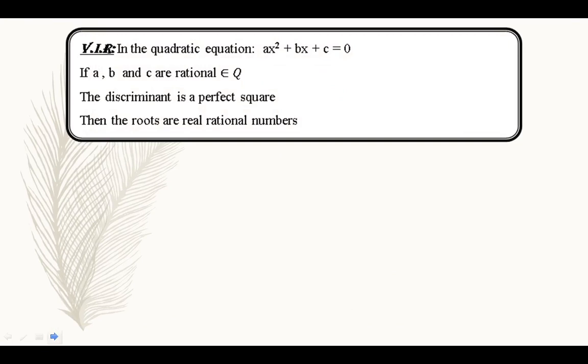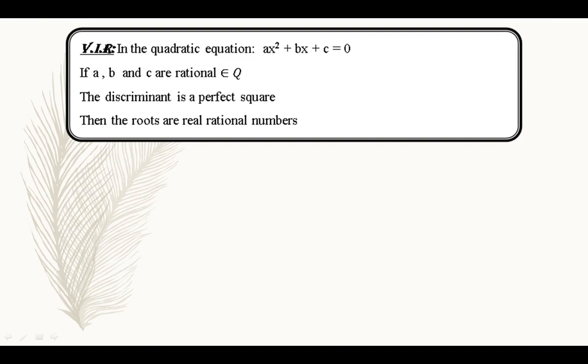Very important remark. This is the last idea in this lesson. In the quadratic equation ax power of 2 plus bx plus c equals 0, if a, b, and c are rational numbers. What are rational numbers?